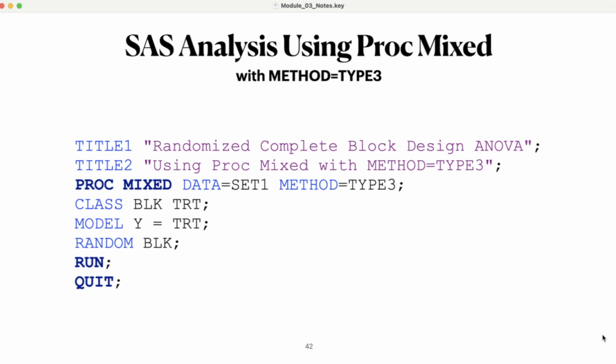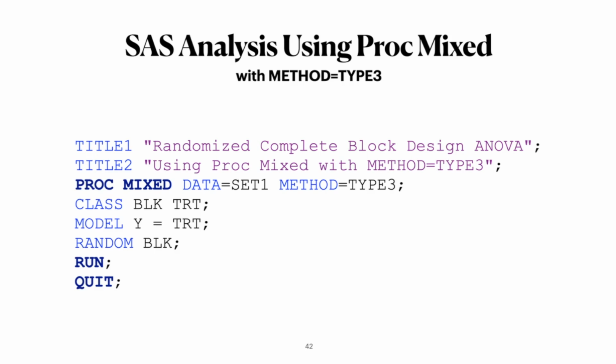Now another way to do this would be to perform the analysis using SAS. And so here is a little snippet of my SAS program that I used to do this as well. So a SAS analysis using proc mixed. Now when we're fitting a randomized complete block model, we cannot do that with proc GLM.